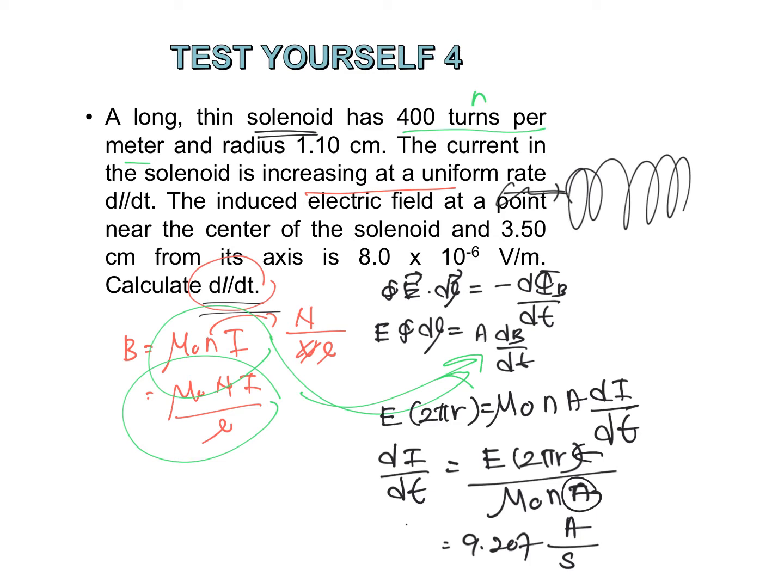So here they already give it to you, 3.50 centimeter from its axis. So this one going to become E equals 2 pi r. No, sorry, hold on. Wait a second.